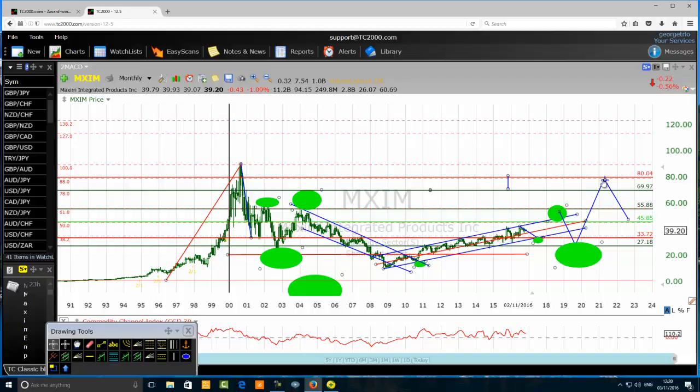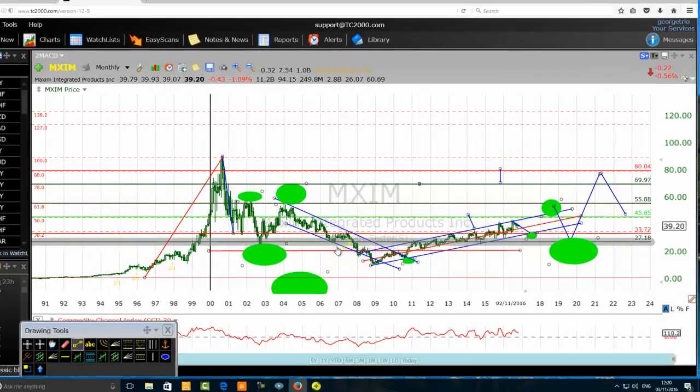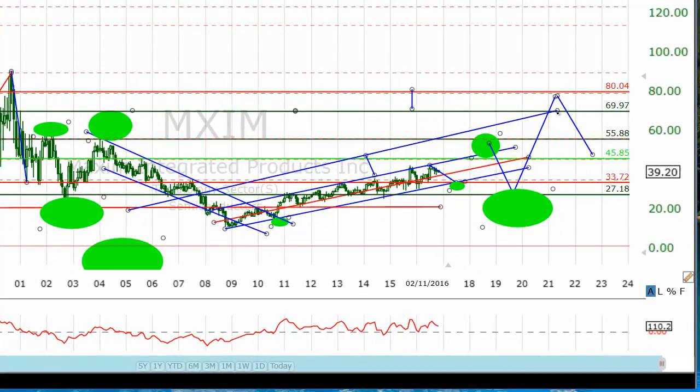We can also project, here we project first the depth of the inverted head and shoulder pattern, talking about market geometry or chart analysis. We can also use the width of this rising channel, and we can also project that channel. So in this case, we are not projecting a horizontal channel, we are projecting a rising channel in the direction of the price.